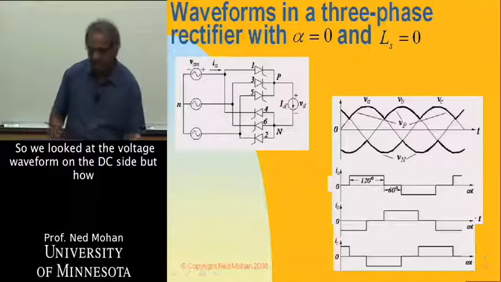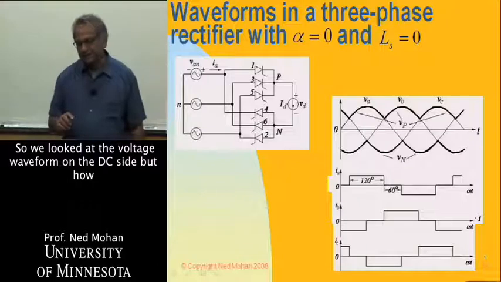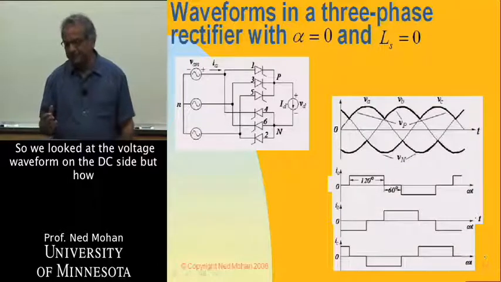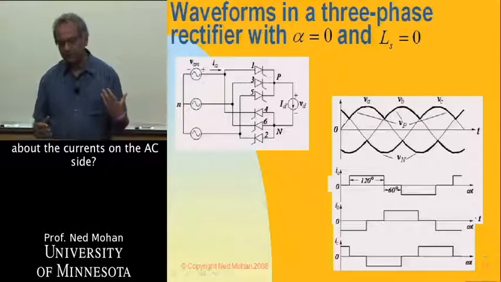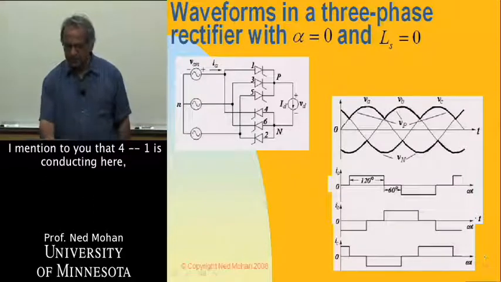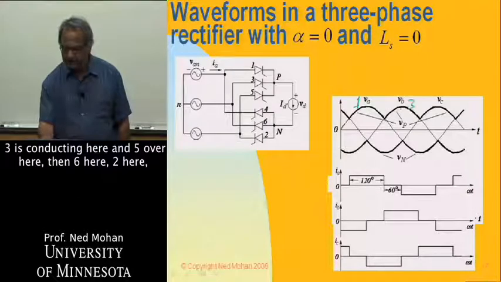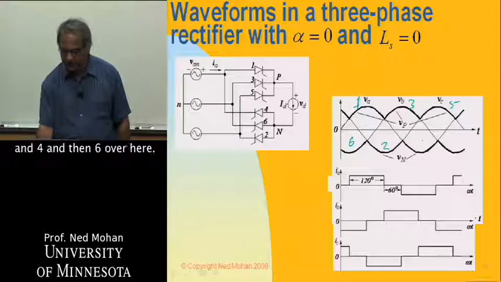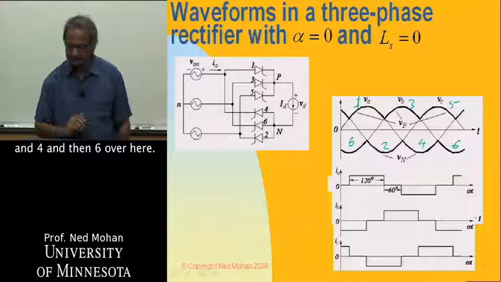So we looked at the voltage waveform on the DC side, but how about the currents on the AC side? So let's look at those here. I mentioned to you that 1 is conducting here, 3 is conducting here, and 5 over here. Then 6 here, 2 here, and 4, and then 6 over here.